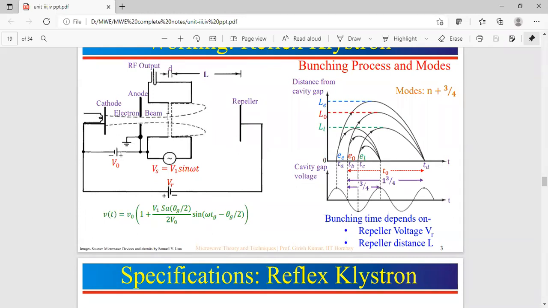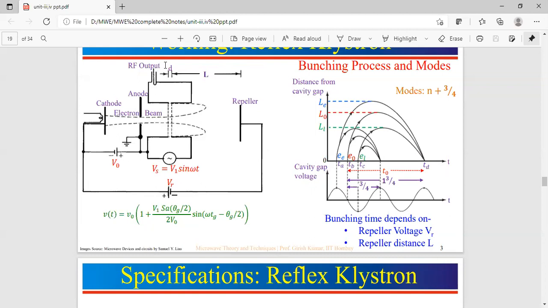That's what we have studied. Yes or no? And during their return journey, they form the bunches. And once they form the bunches, these formed bunches give their energy to the cavity and you are going to get the RF output.